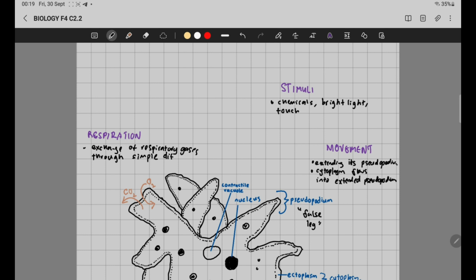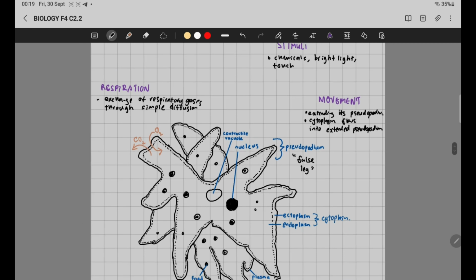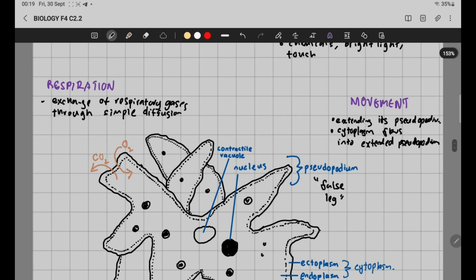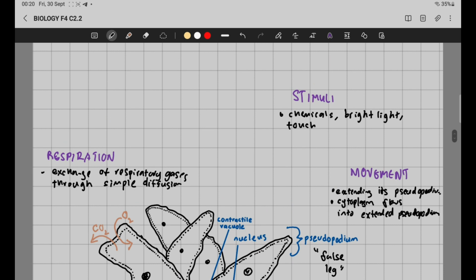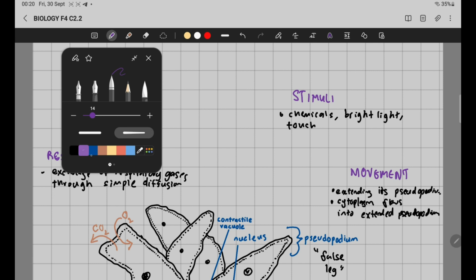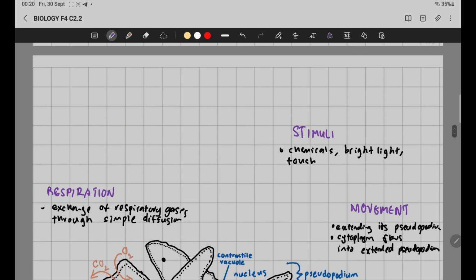But you can just remember that the exchange of respiratory gases is through the plasma membrane by simple diffusion, as the oxygen and carbon dioxide molecules are small so they can move through the plasma membrane easily. And then, as living creatures, they can also excrete.